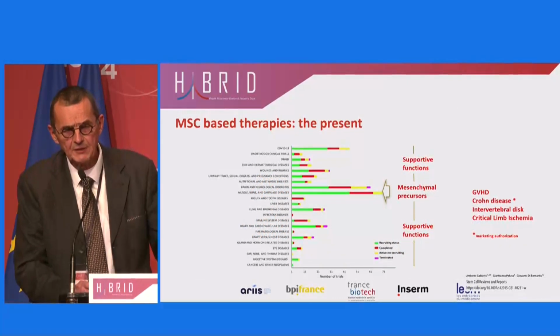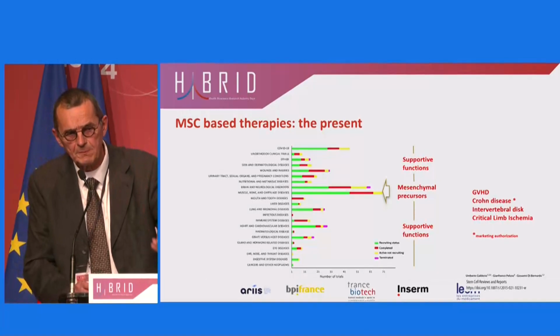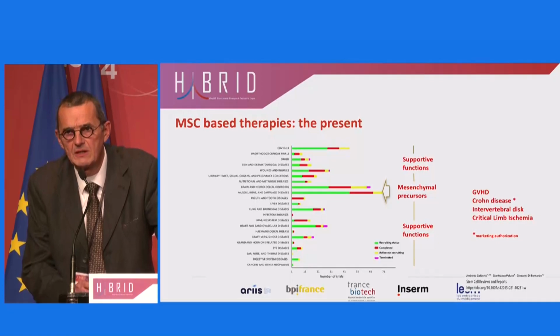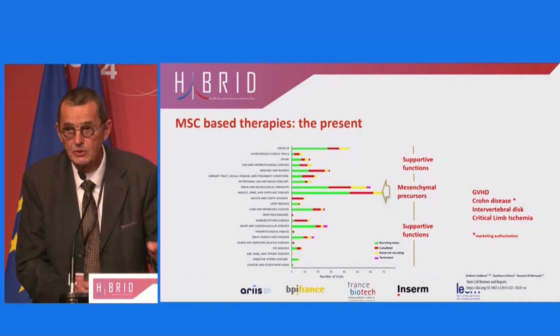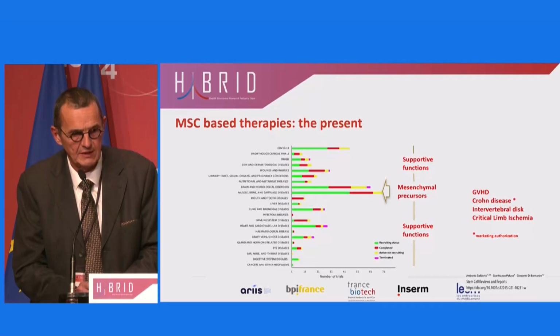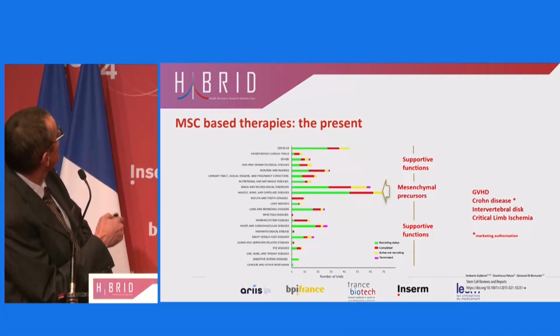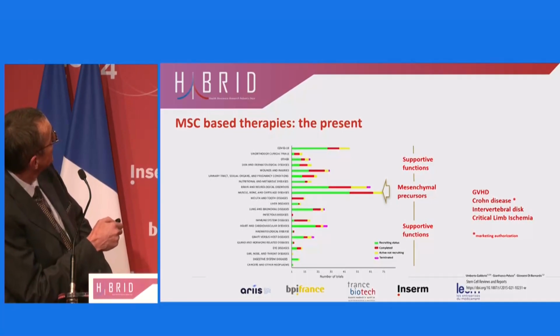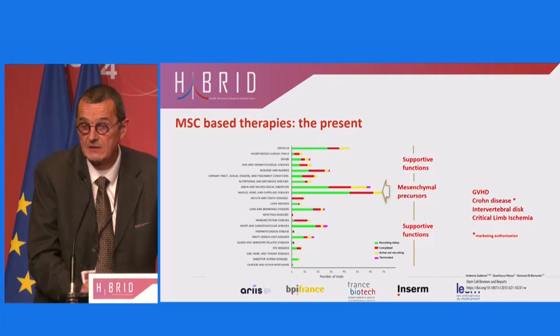And in fact, if you try to make a picture of the clinical trials in the world, you see that most clinical trials in the field of MSC are devoted to the supportive function. And you find clinical trials involved in quite a large number of applications and diseases, and you see here the use of MSC as mesenchymal precursors, and the number of clinical trials is relatively limited.